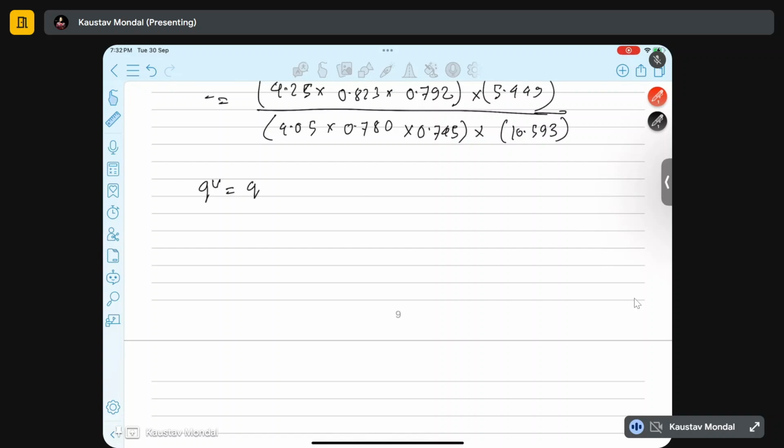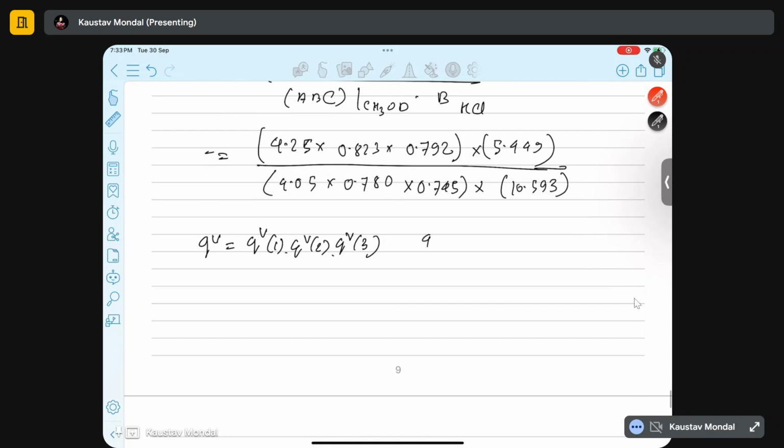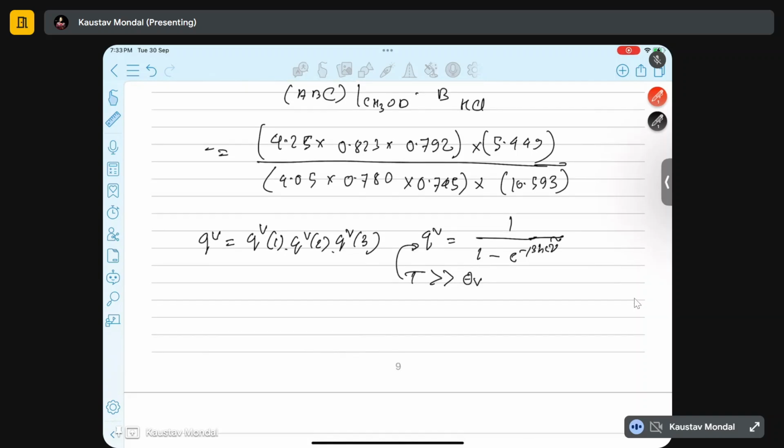If there are three independent modes, then QV equals QV1, QV2 and QV3, the three vibrational modes. Now QV is written as 1 minus e to the power of minus beta hc nu tilde, provided the condition that the temperature is much higher than theta V. In that case, QV would take this form.